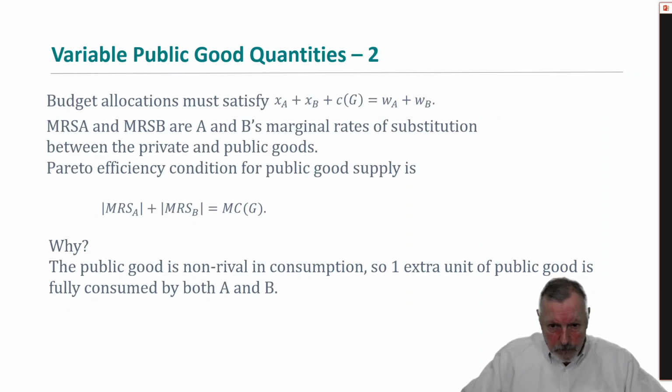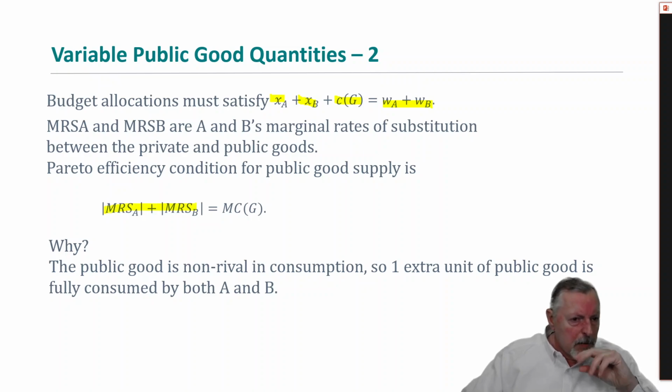So, this is their budget constraint. The total wealth of the society, the wealth of A plus the wealth of B, has to equal the amount of private consumption for each person plus the total cost spent on public good. The book talks about the marginal rate of substitution for player A, marginal rate of substitution for player B, between private and public goods.